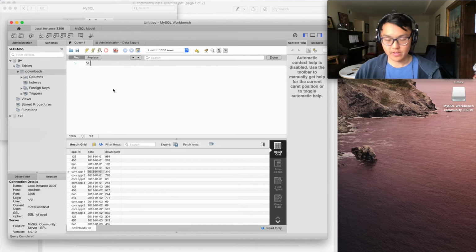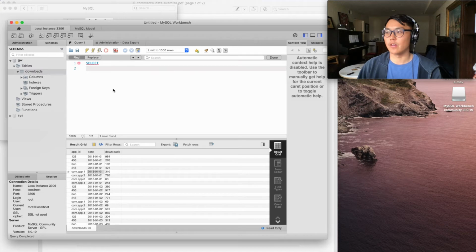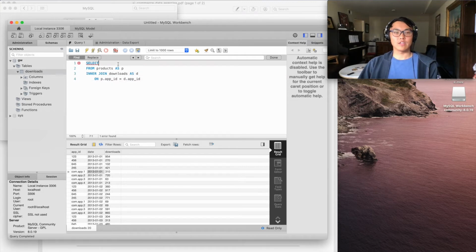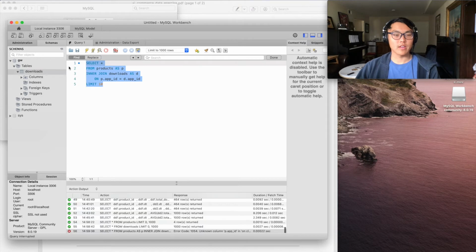So if I grab this from products P inner join downloads as D on P.app_id equals D.app_id. Correct? This should get me everything that I want initially. So let's run that. Okay, I need a semicolon.